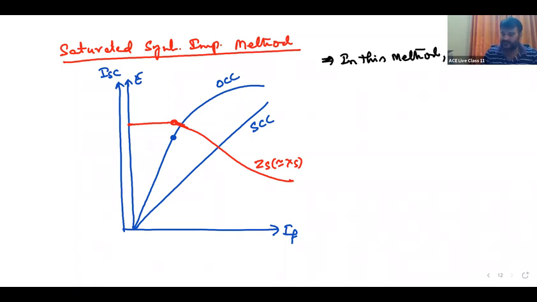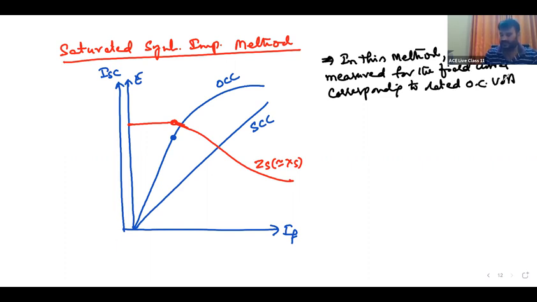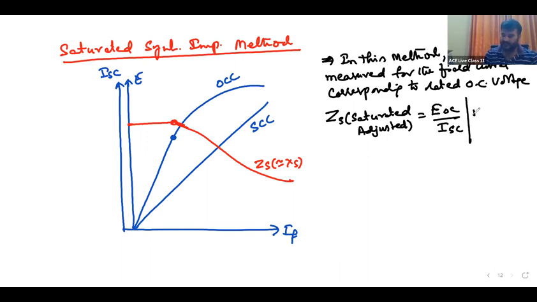ZS saturated, also called adjusted, is equal to EOC by ISC, but with the field current IF at EOC equal to V rated.